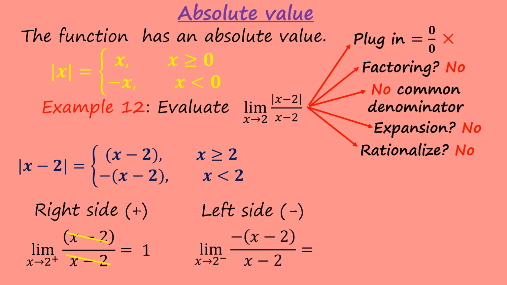We consider the same thing, but now x tends to 2 with the power of minus, and the numerator will be minus into bracket x minus 2 over x minus 2. Then the x minus 2 can cancel out at the denominator and numerator, and we are left with minus 1.